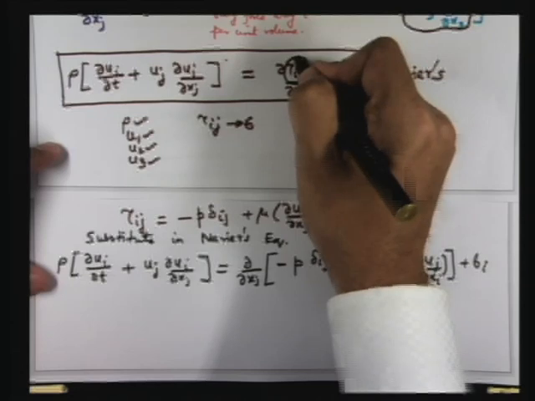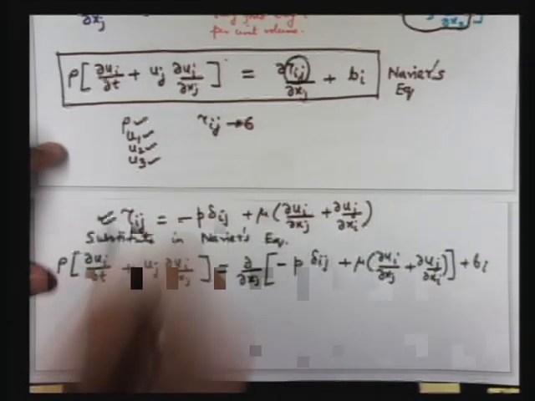It is very straightforward. This tau ij we have substituted in terms of this equation.